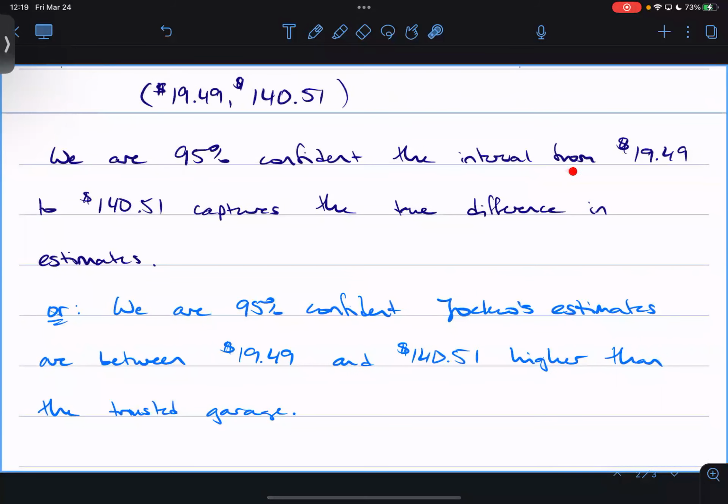When you're first starting with these questions, it can be kind of difficult, right? You can just talk about the true difference as long as you're talking about the difference, because we analyze the mean of the differences, or maybe I should even say mean difference in estimates.